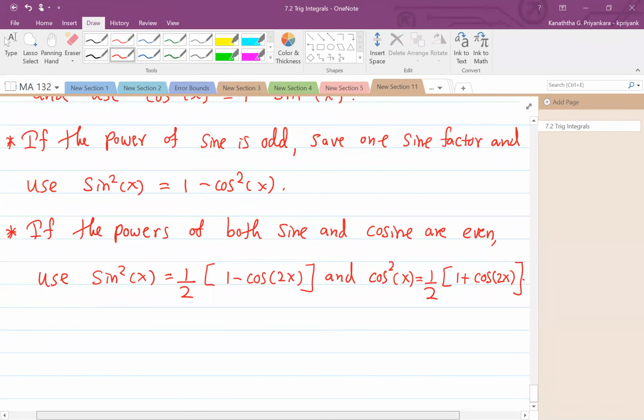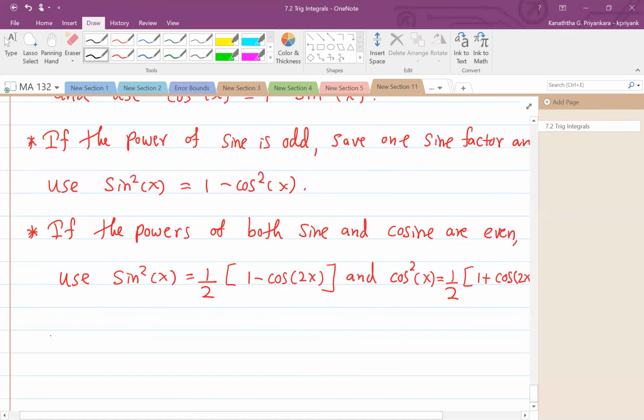So now I'm going to do another example. We are going to evaluate integral sine squared x times cosine to the power 5x dx. You can see the power of sine is even and power of cosine is odd in this case.